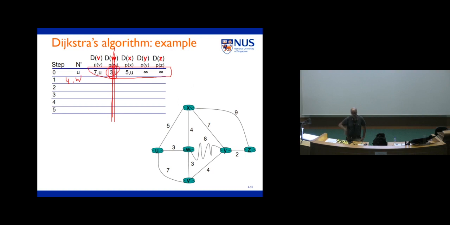How about the rest? Previously, if I wanted to go to V, my cost was 7, and I was directly connected. The predecessor node was U. What if I go to W first and then go to V? The previous cost is 7, but if I go to W, that's 3, and W to V is 3, so 3 plus 3, which is 6, which is better than before, right?